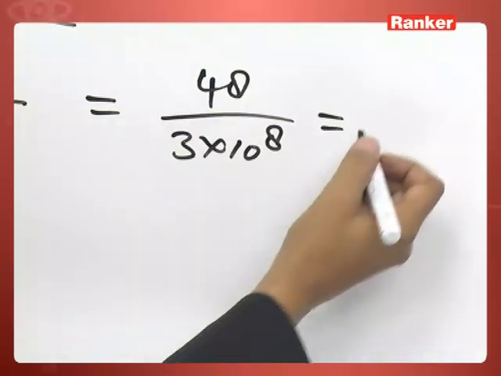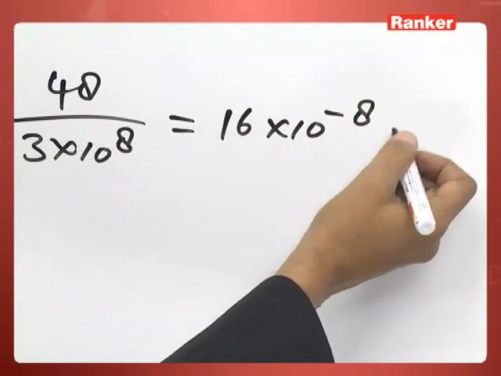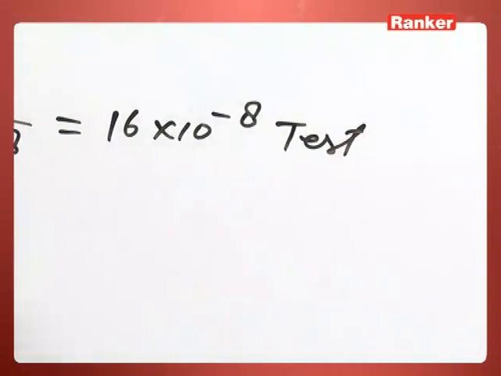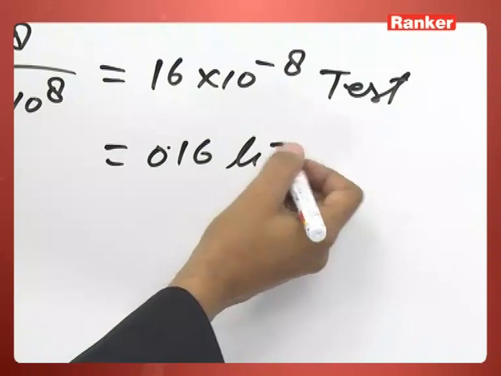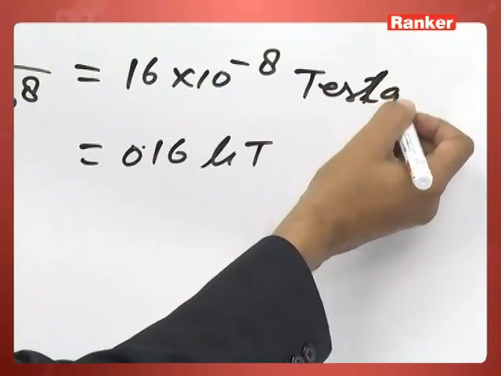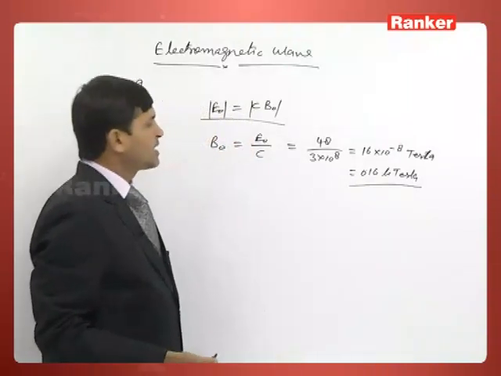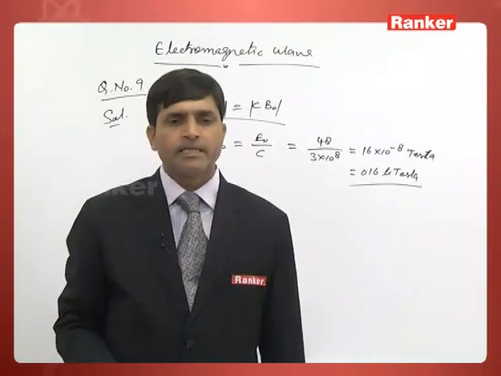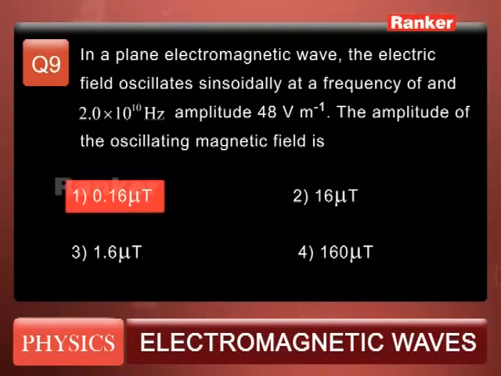So this becomes 16 × 10^-8 Tesla, or we can say 0.16 microtesla. This is the answer. So the magnetic field value is 0.16 microtesla, so the first option is the correct option.